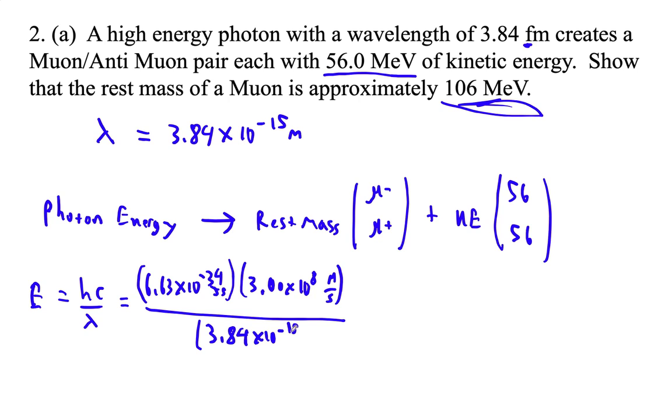So this is going to give us our energy, but of course it's going to be in joules, because this is meters and the units are going to cancel out here.